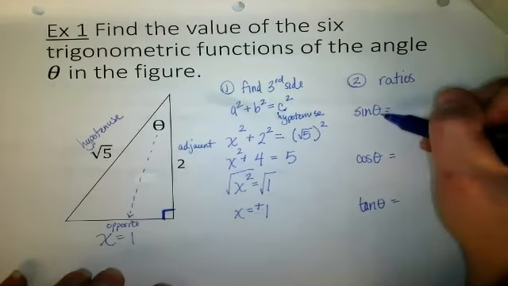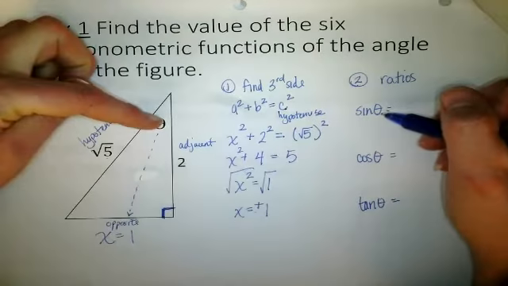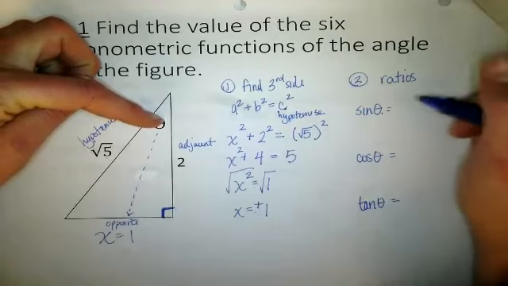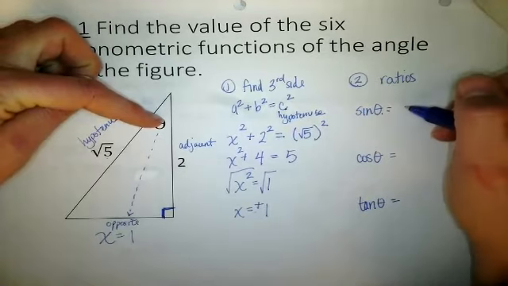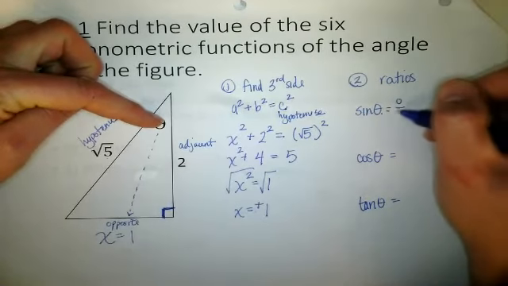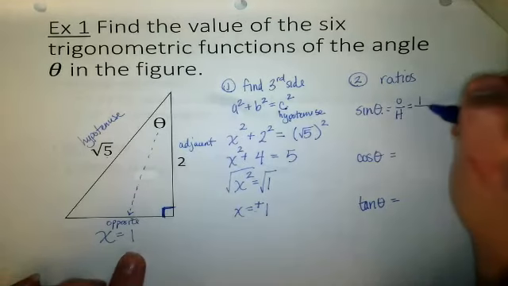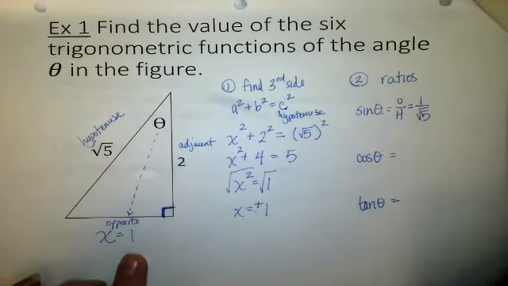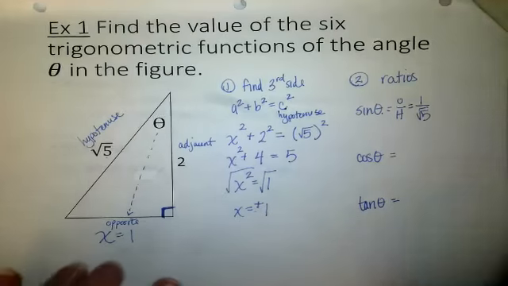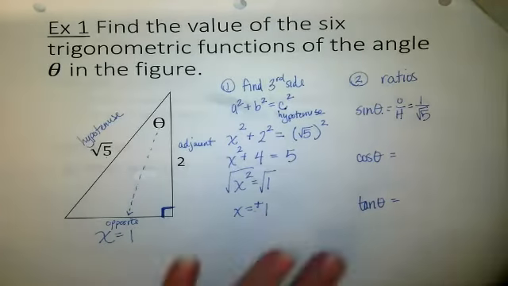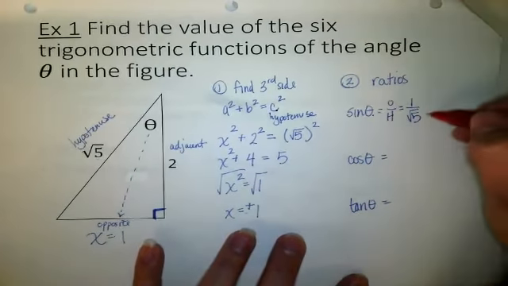So the sine ratio, according to angle theta, is what over what? Opposite over hypotenuse. So that's going to be 1 over radical 5. That is great, except they're going to rationalize most of the time. So how do you rationalize?